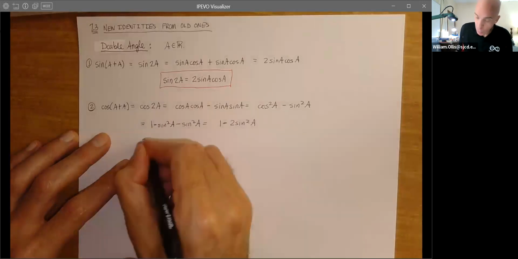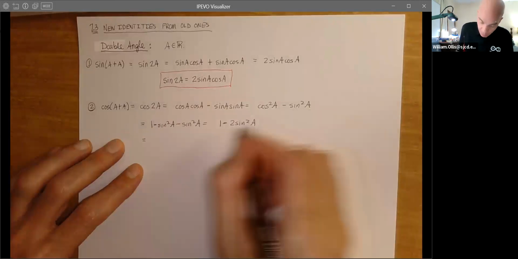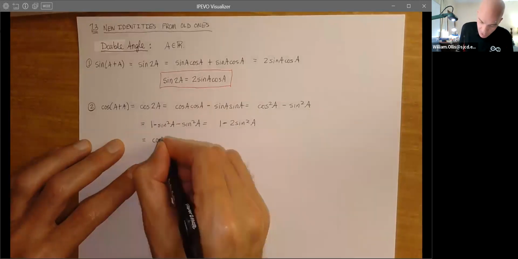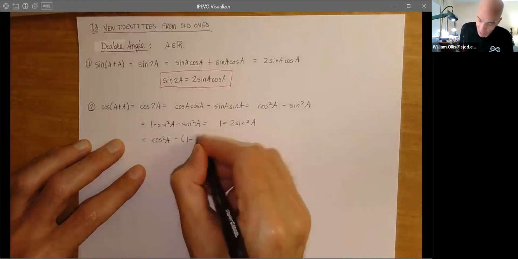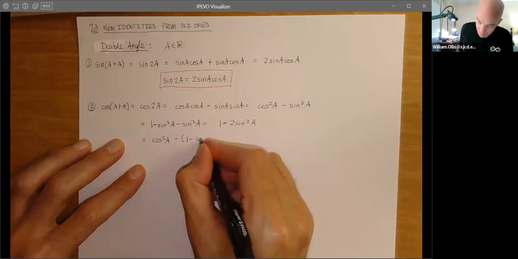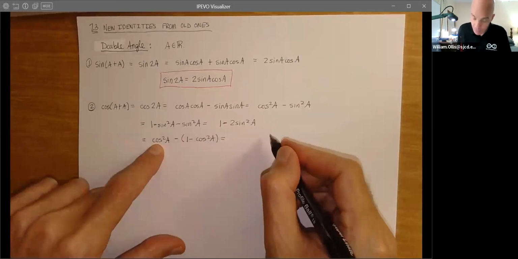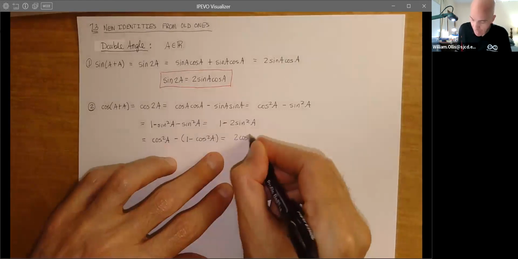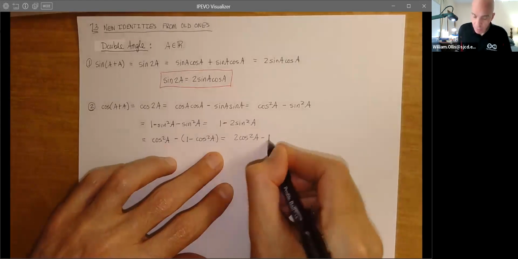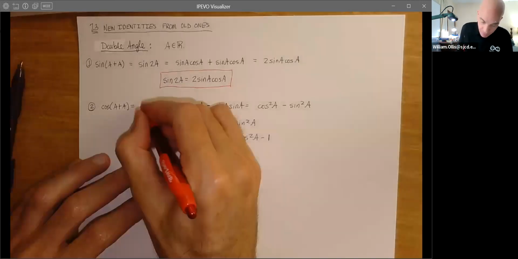And then, of course, we can replace the sine squared with 1 minus cosine squared. So you're thinking, why do we do this? Well, it's just whatever we need. These have become convention. So now you have minus minus, so you get 2 copies of cosine squared minus 1.